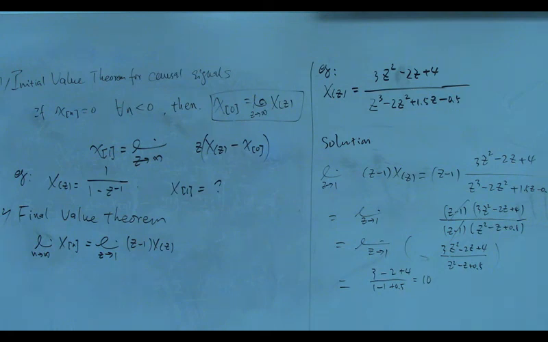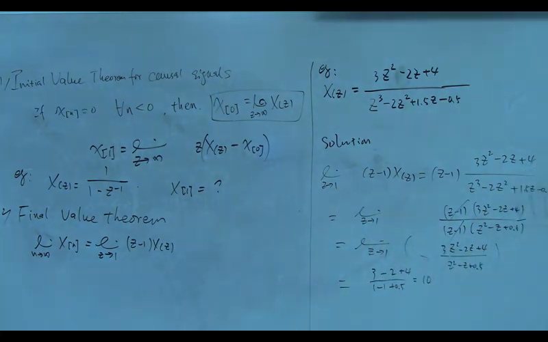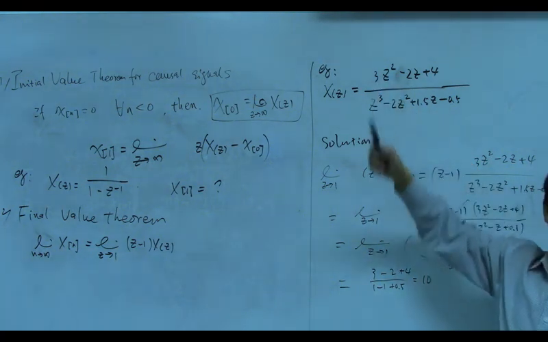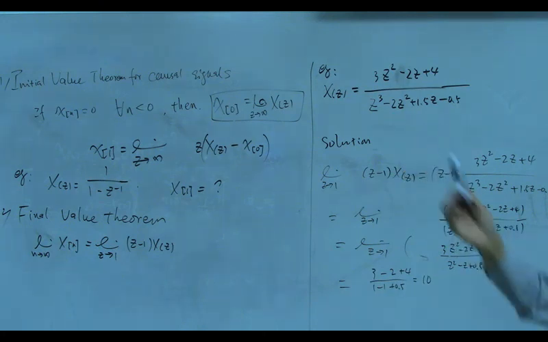What is the initial value? Zero. Okay, good, because this is second order and this is third order. When z goes to infinity, this is second order infinity and this is third order infinity, so it's still 0. So the initial value equals 0, and the final value equals 10.